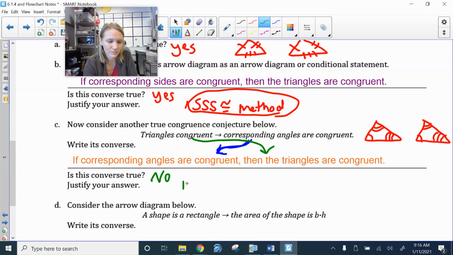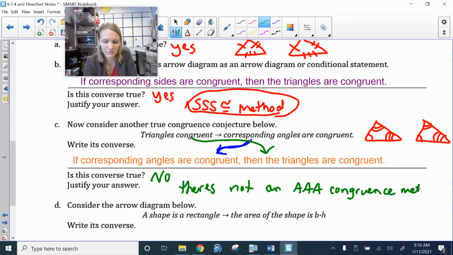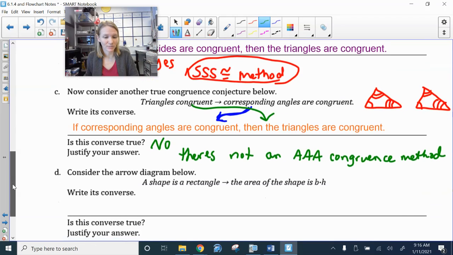No. There's not an AAA congruence method. We have an SSS, but not an AAA. We have an angle-angle-side method, but we need to have the side as well.